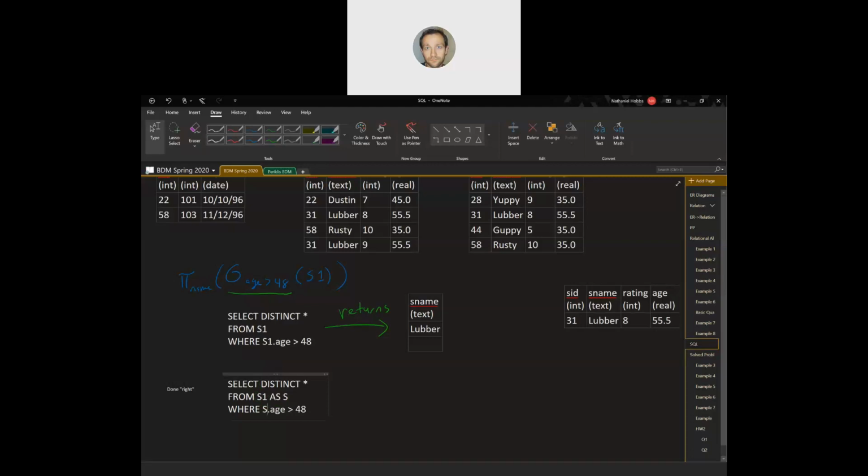Okay? So for every table that you write in the from statement, I want you to rename it as something else. The reason why I insist on this, and again, the output will be the same. These will both return this. Output is the same as the above.